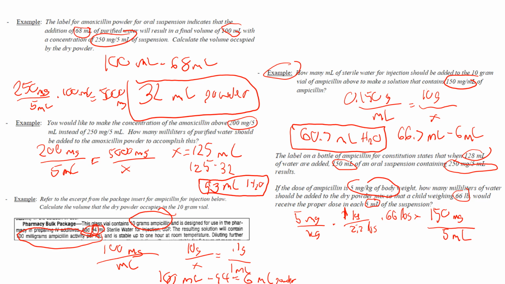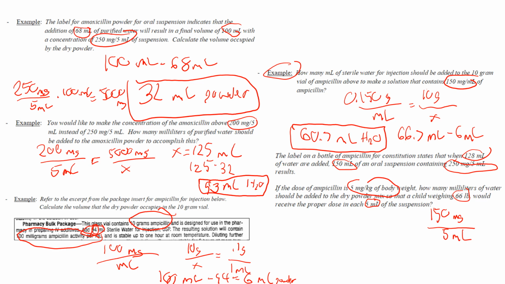I'm going to erase some of this work just so we have a little more space to work with. Didn't quite give myself enough room. So that's off to a good start. What we need to do now is kind of what we've been doing, solving for the powder, how it contributes to the solution. So we know that we have a 150 milliliter solution at 250 milligrams per 5 milliliters.